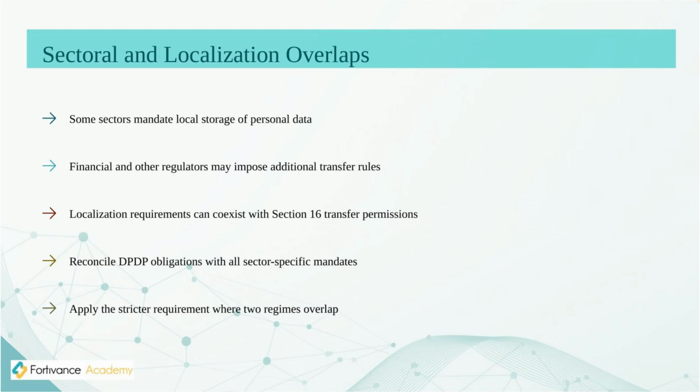Imagine wanting to build on a piece of land. You might need clearance from one authority, but also separate clearance from another based on the specific zone. Satisfying one doesn't automatically satisfy the other. You need both. Data can work similarly, where DPDP rules and sectoral rules both apply. Here's why this matters practically and why it's easy to get wrong.